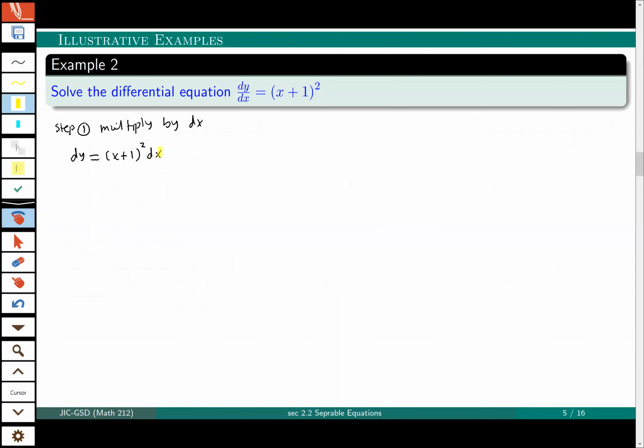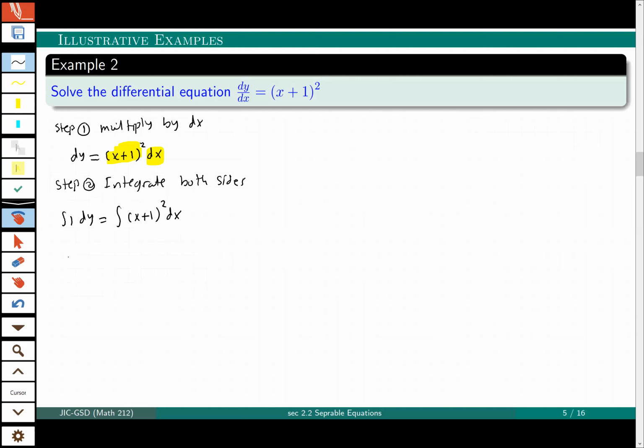Yes, because here we have a function of x with the dx and only a constant with dy. So our next step, integrate both sides: integral of 1 dy equals integral of x plus 1 squared dx.